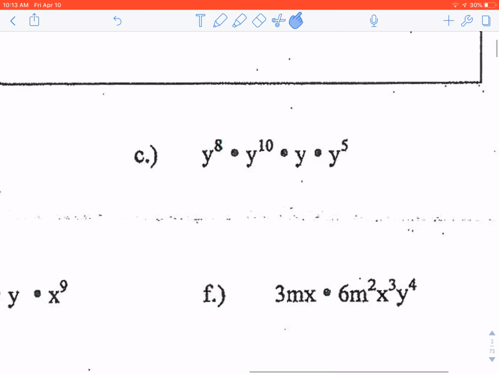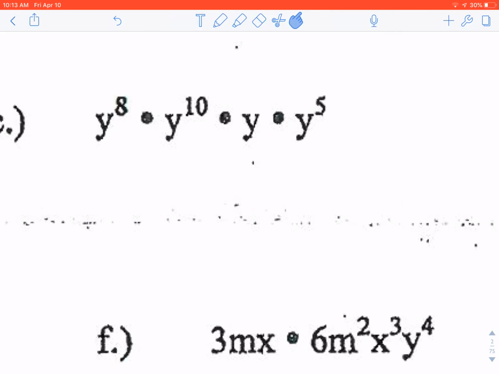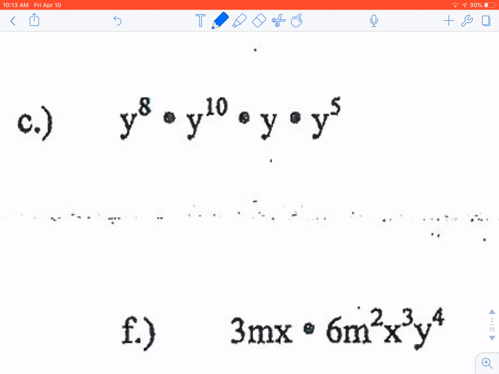Letter C. So letter C is a little bit different. We have more than 2 terms. We have a y in here that does not have an exponent, so put a 1 above it. Okay. You're multiplying same base. So you're going to rewrite the base, which is y, and then you're going to add up your exponents.